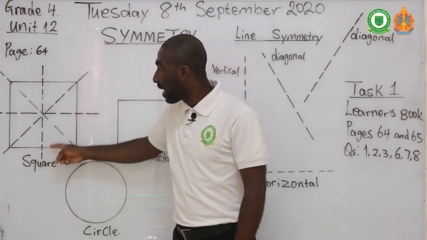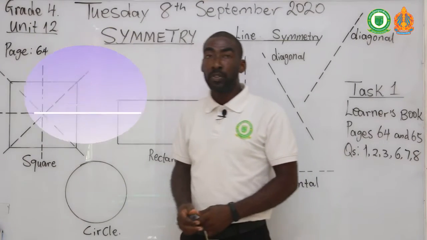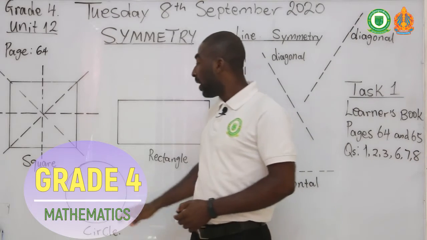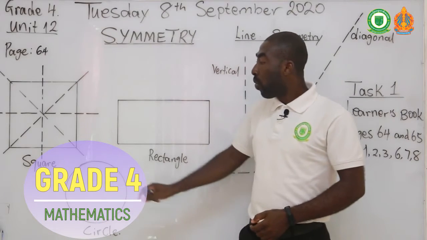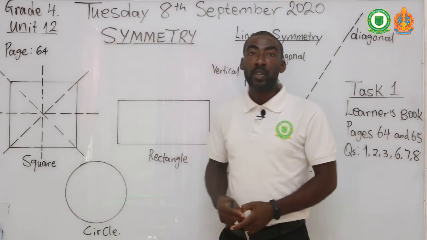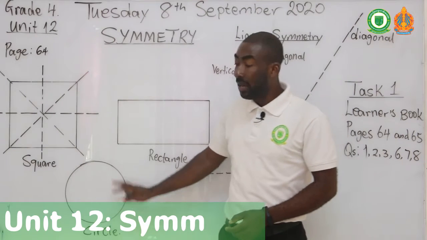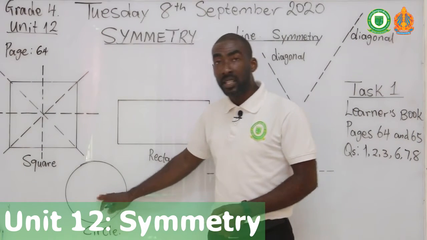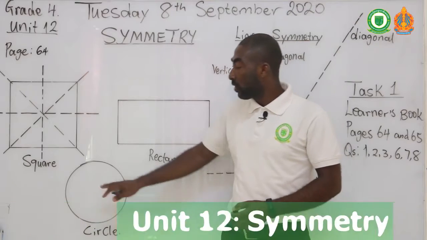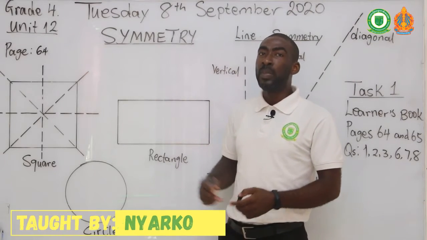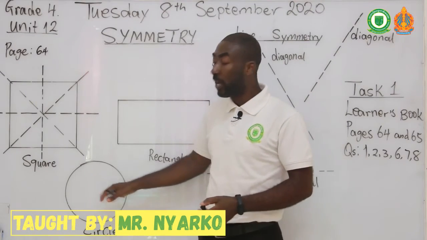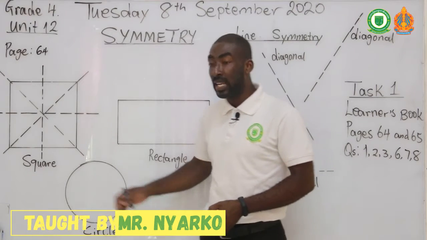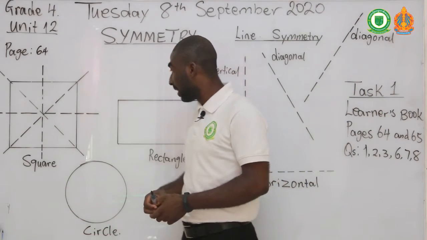If you put it on this side, that side is also going to be the same. In the case of the circle, wherever you put your line is going to give you equal halves. That means a circle has so many lines of symmetry that depend on the size of the circle, that will help you to count the number of lines that you can put in the circle.